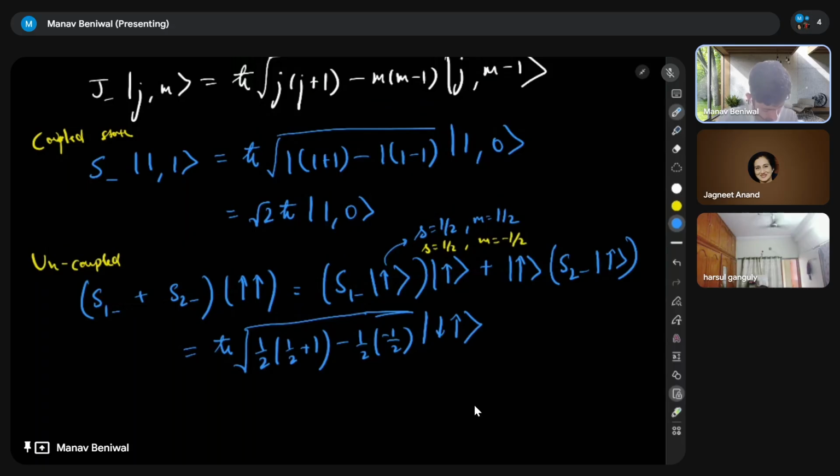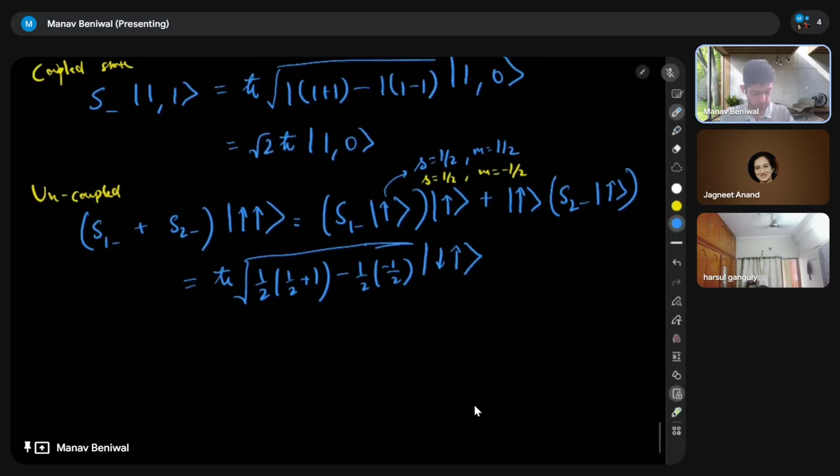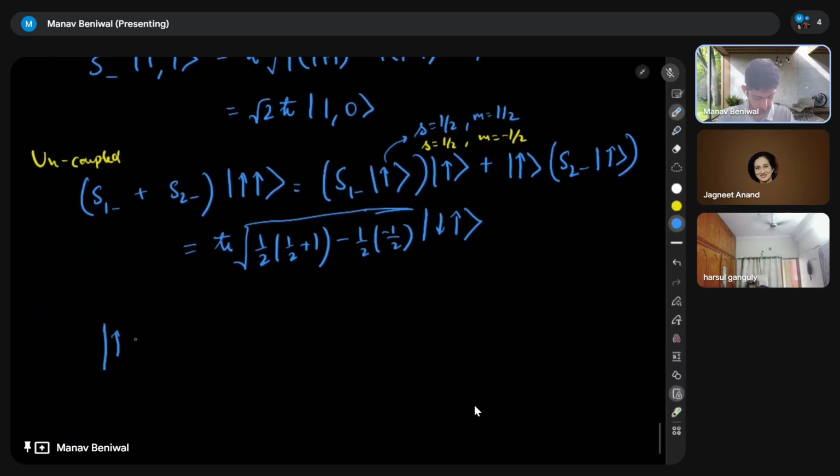When we write this state, it is an uncoupled state. They are not interacting with each other, so it is simply the first electron and then the second electron. That's it, because they are uncoupled.